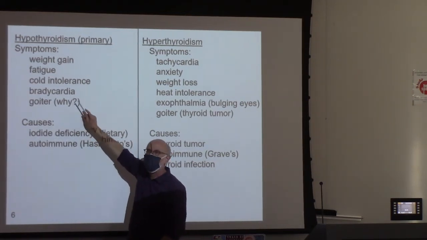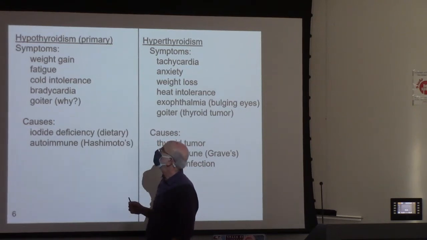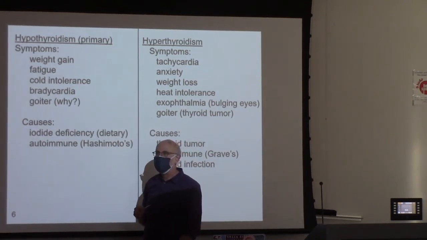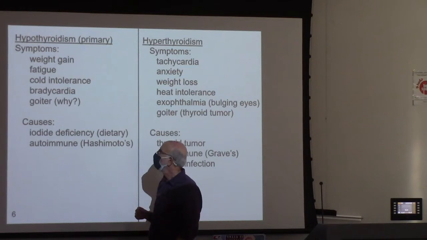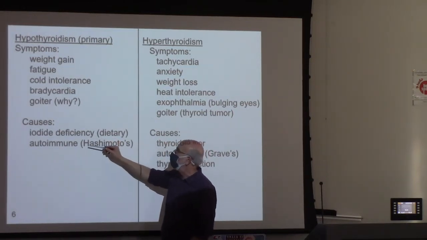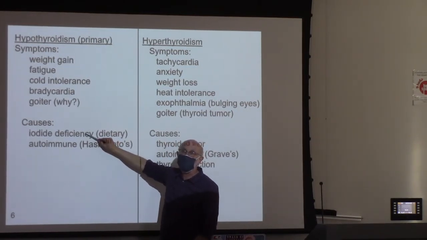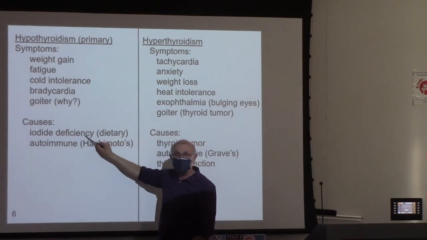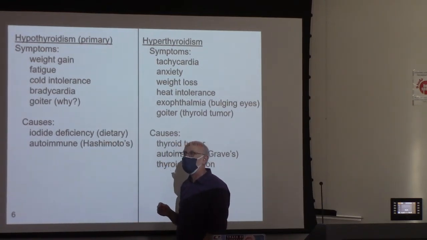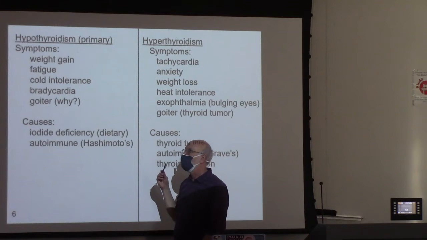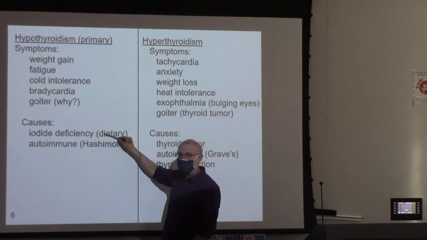Question. Why in primary hypothyroidism, let's just say caused by an iodide dietary deficiency. Let's just take the simplest case of primary hypothyroidism. Low blood iodide because the person is not eating enough of it.